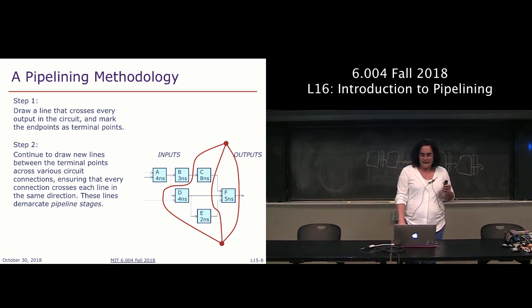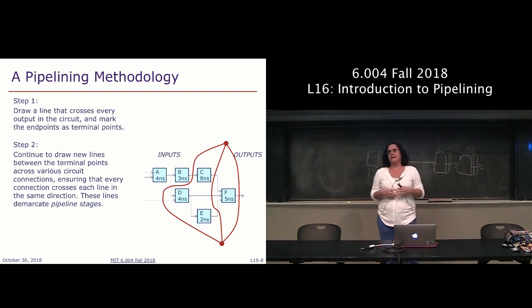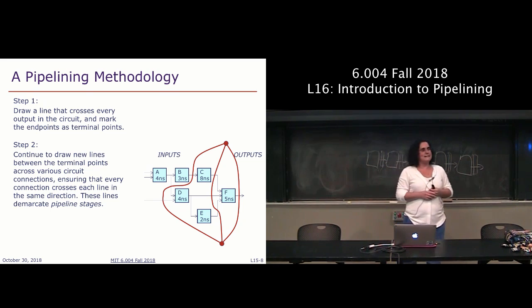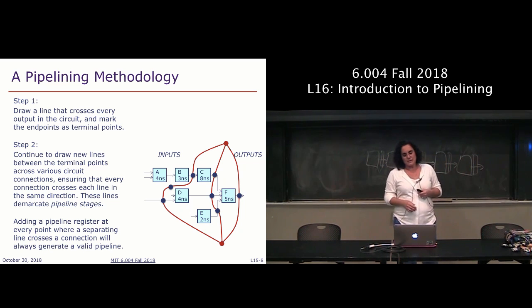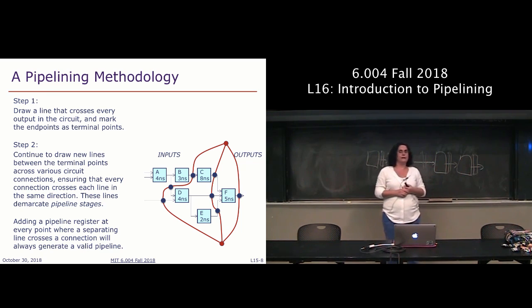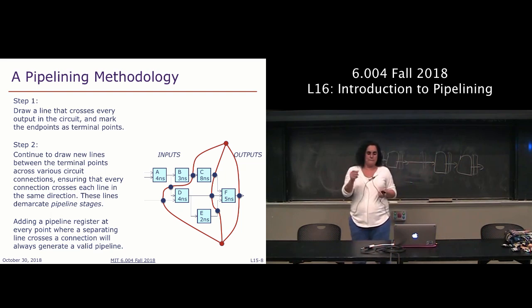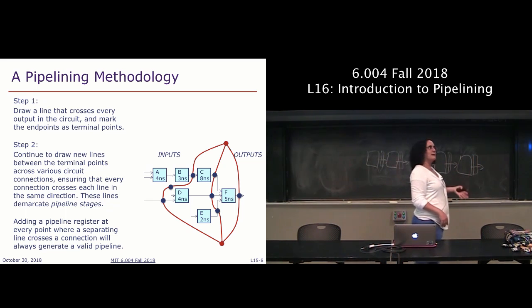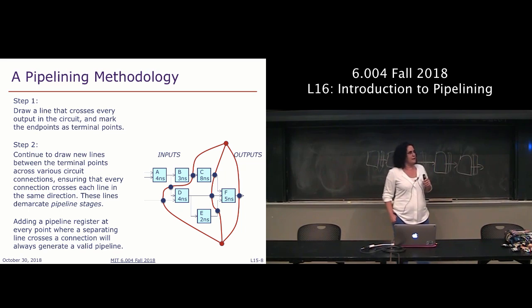All right, so then let's say I go for one more path through my circuit, and let's say that this is my pipeline circuit. Now, what about registers? The way I know where to put registers is I place a register on every single intersection between my contour, which corresponds to my pipeline stage, and a wire that I cross.